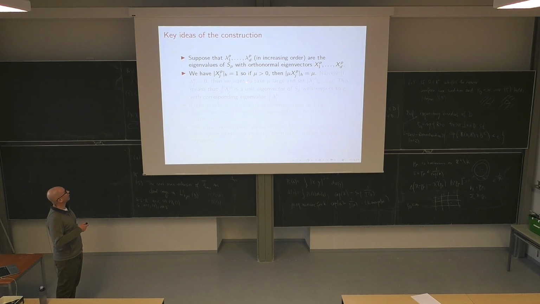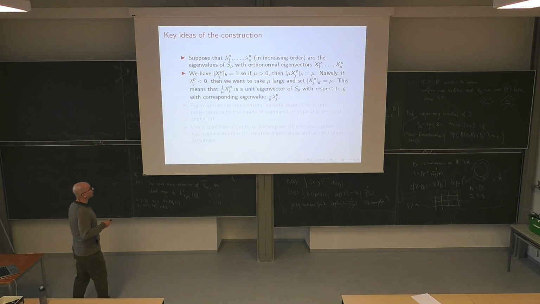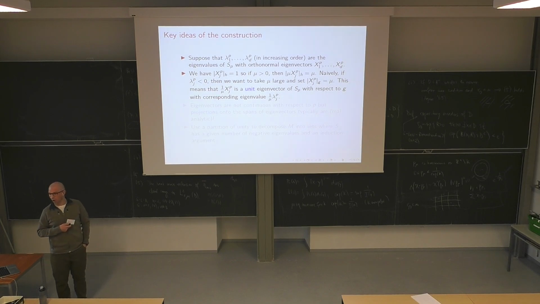Well, with respect to H, if x_j is of length 1, then of course mu x_j is of length mu. So if lambda j is negative, I would take mu large, and take the length of x_j to be mu. That means with respect to my new metric G, 1 over mu times x is now a unit eigenvector, and the eigenvalue is now 1 over mu squared times lambda j, right? So we've somehow shrunk them all down.